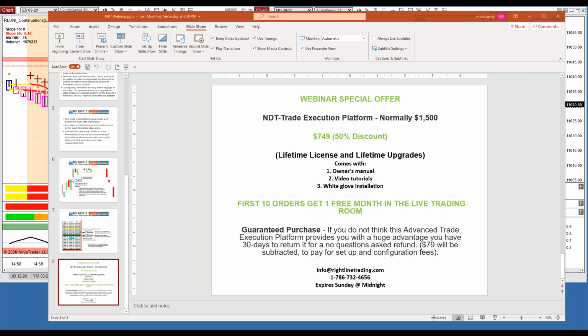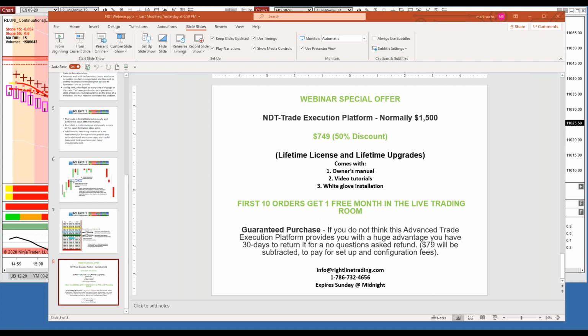No, it's much more than that, Jonathan. It is not just an ATM that uses color change. It is an ATM that stays as an ATM until you hit your first. Now, you can configure it any way you want. You don't have to use the line or the color change. It's just a completely configurable tool. You can take your first target at 15, your second target at 30.